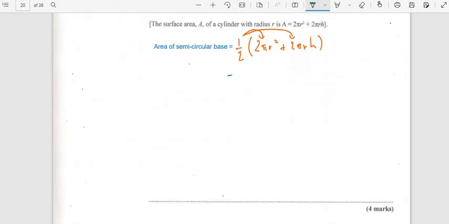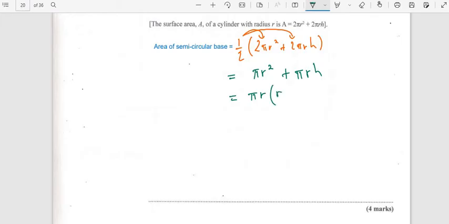Okay, so this will give us half of 2 is 1, so we end up with pi r squared plus half of 2 again is 1, so we end up with pi r h. Now if we factor out the common factors, we end up with pi, and the r is also common, which was the one with the lowest power.